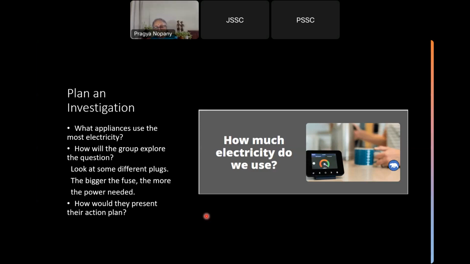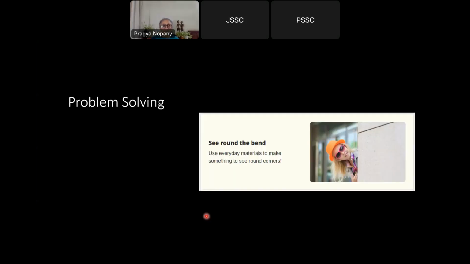They might look at wattage, then we might tell them about kilowatt hour, the unit, and then how to calculate. But this is not about how to do it. This is about building their competency of planning or designing an investigation or designing an experiment.